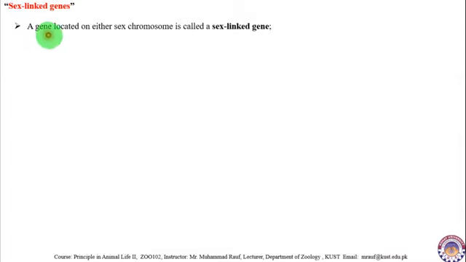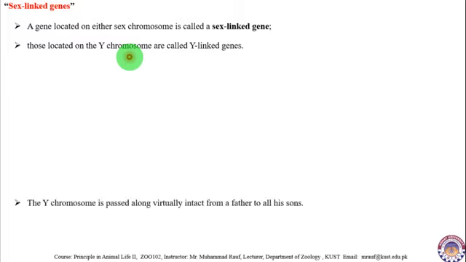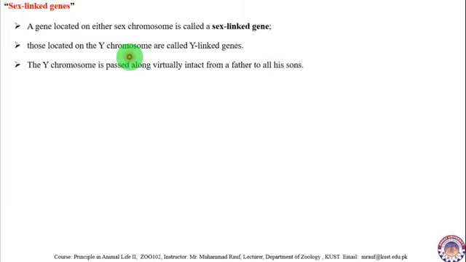So a gene located on either sex chromosome is called a sex-linked gene. Now sex chromosomes are of two types, X and Y, so the genes located on Y chromosomes will be Y-linked and those located on the X chromosomes will be X-linked.